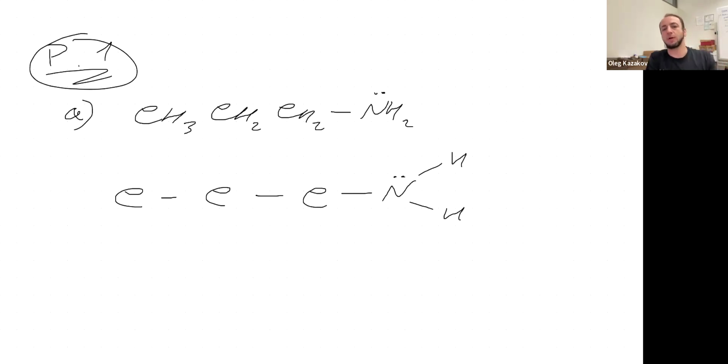For example, there are no lone pairs on the carbons in these cases, but there are lone pairs on nitrogen atoms, for example in amino groups. So show them. It's similar to NH3, if you think about it, because this compound is nothing more than a derivative of NH3 in a sense.